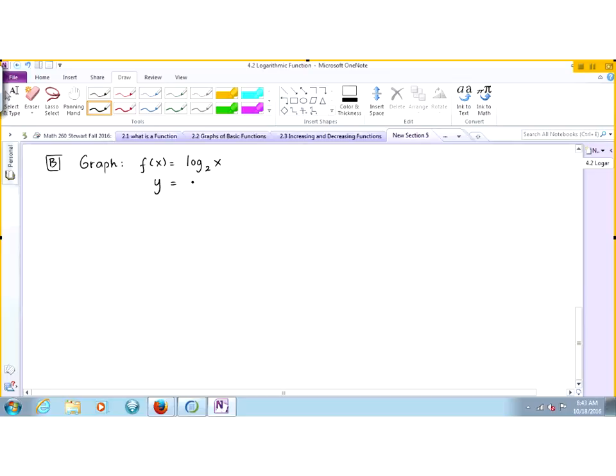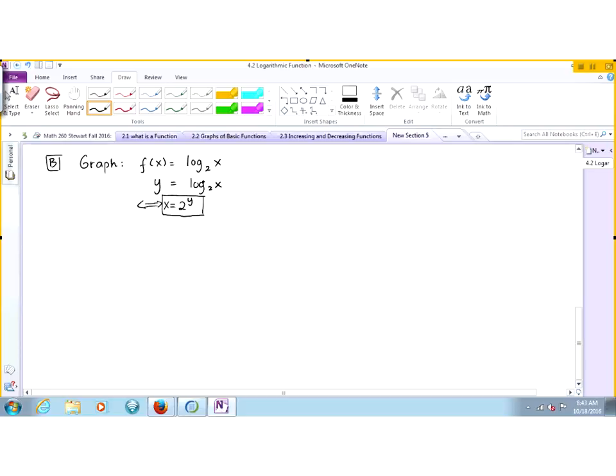Yes, that's right. So y is equal to log base 2 of x. Okay, good. How do we rewrite this x as an exponent? What is the exponent here? 2 to the y is equal to x. So I'm going to write it as x is equal to 2 to the y. This is what I'm graphing.